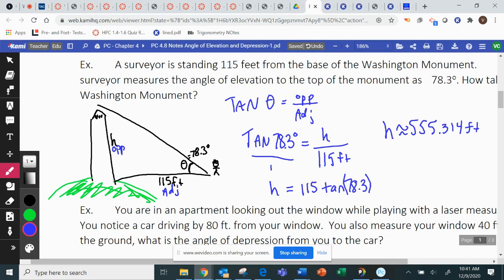And if you look up that information, it is 555 feet. So this is an approximation. You would approximate to whatever the question asks you to approximate to. This one didn't.